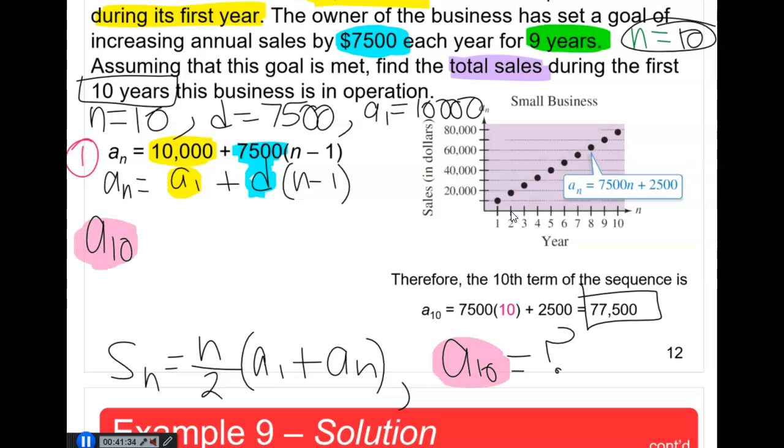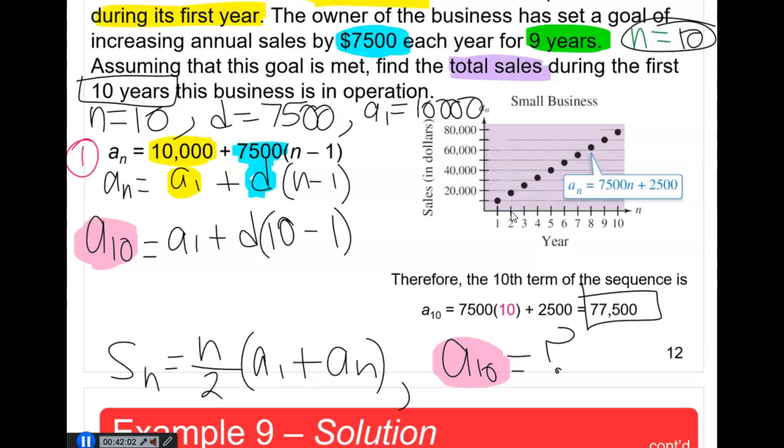So that's our question. First step, find the last term. So we're going to have 10,000, which is a sub 1. In fact, I'm just going to write the formula again. So a sub 1 plus d times, instead of n, we're going to say 9. I'm sorry, it will still be 10, but then we will subtract a 1.